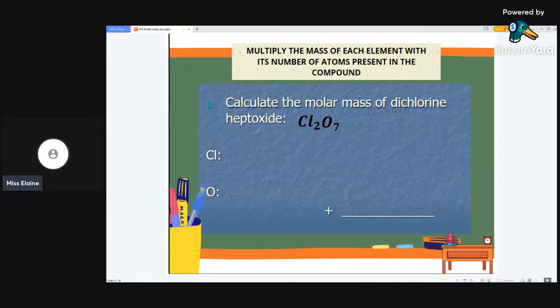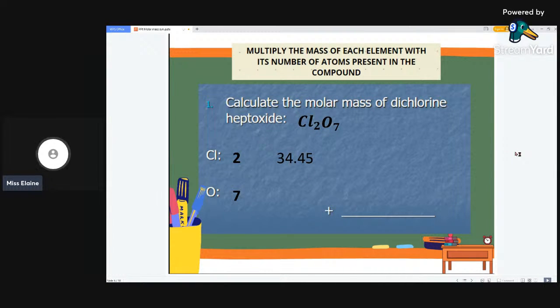Di means two, hepta means seven, oxygen. How many chlorine do we see in dichlorine heptoxide? Chlorine is 2, while oxygen is 7.